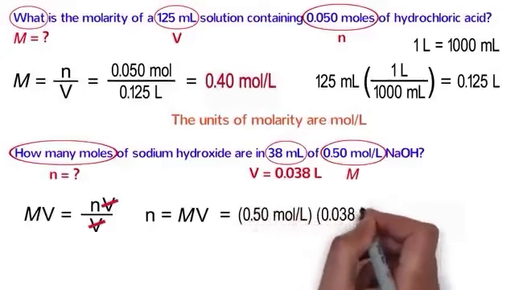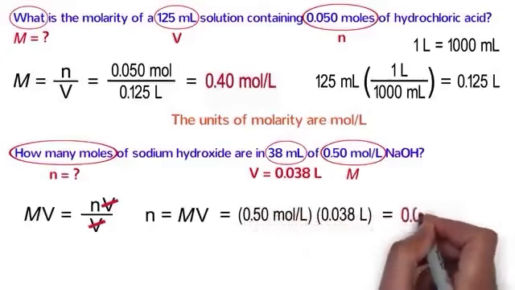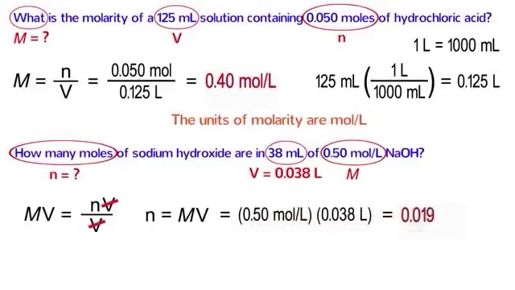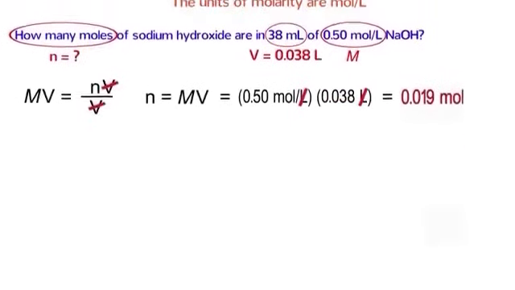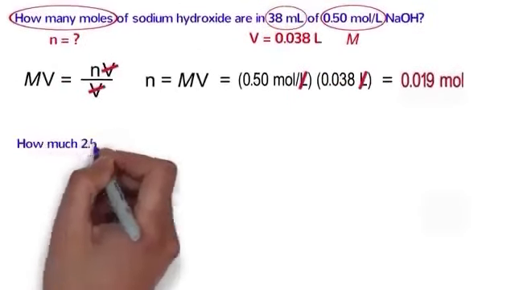When you multiply 0.5 times 0.038, you get 0.019 moles.